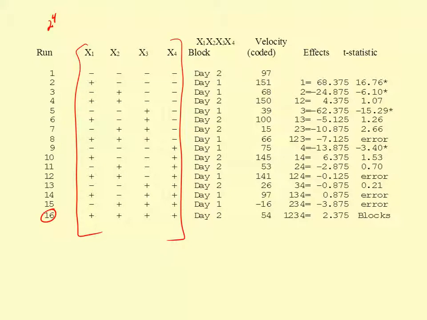But then we had to add the blocking variable, x5, and the choice that we've come up with many times already is to say we're going to confound this blocking variable x5 with the 1, 2, 3, 4 interaction. Right? No surprises there. And if you look at this, these aren't listed as plus or minuses, but when that's +1, that's day 2. When it's minus, it's day 1. Right?